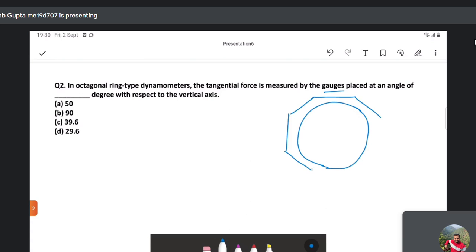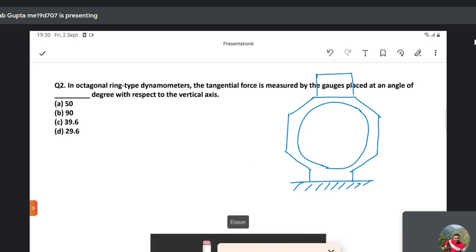We have a setting similar to this one, where this dynamometer is fixed here, and we are placing the tool. Sorry, you can place the workpiece also, you can place the tool also, it depends on the setting. So you're placing it on top of this post, on top of this dynamometer.